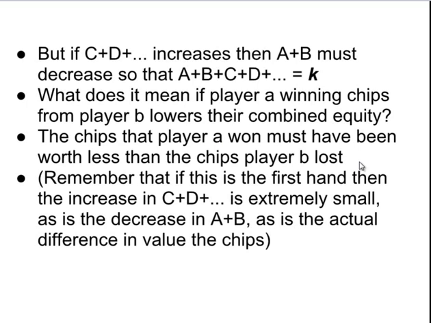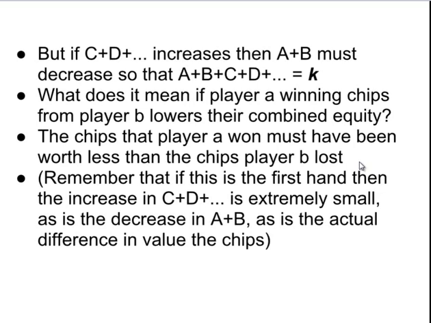The reason that the chips player A won are worth less than the chips that player B lost is because A plus B must decrease, and so the value of A goes up and the value of B goes down, so the value of B has to be going down more than the value of A is going up.